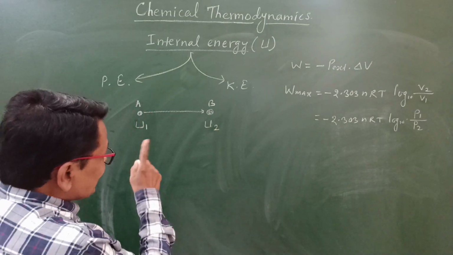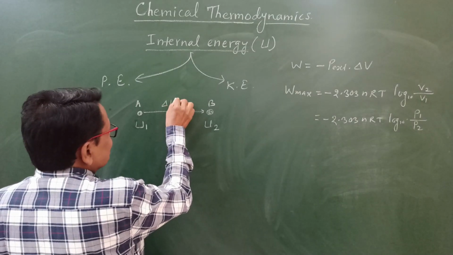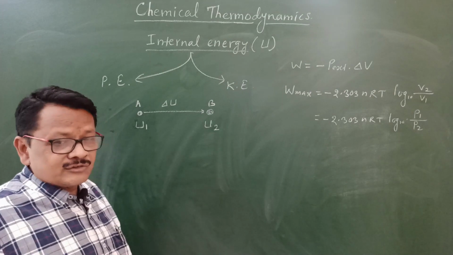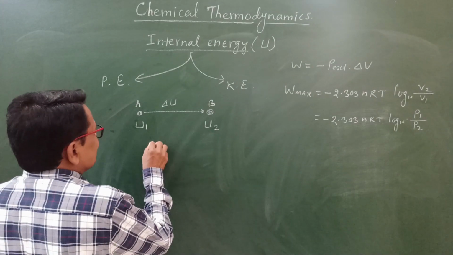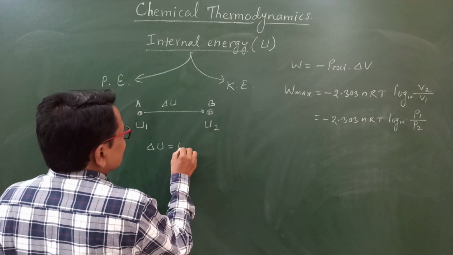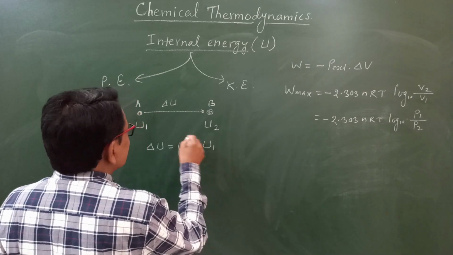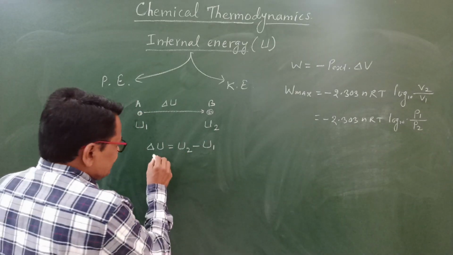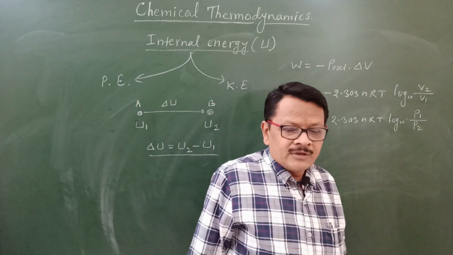Then we can calculate the change in internal energy, that is delta U, between these two states. So how is it to be calculated? The change in internal energy delta U is equal to the energy at final state B, U2, minus the energy at initial state, U1. So in this way, the change in internal energy can be calculated.